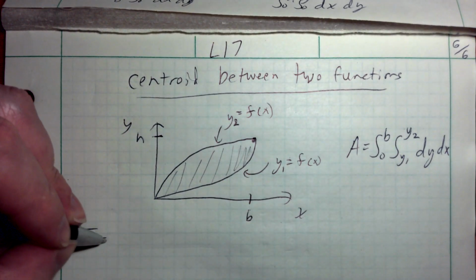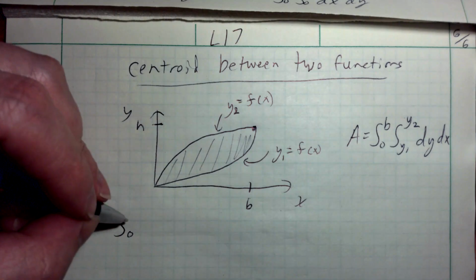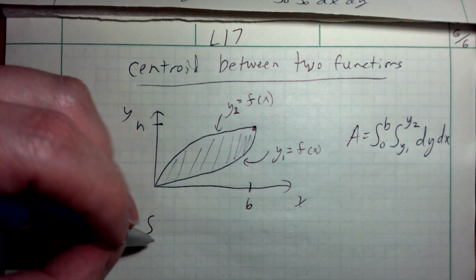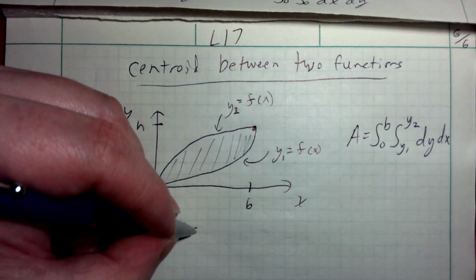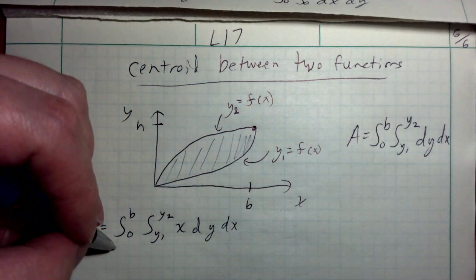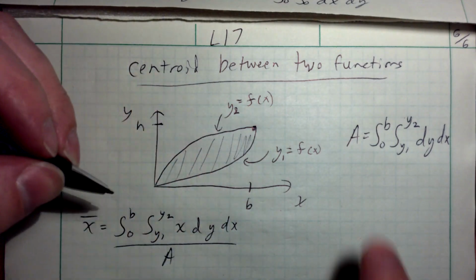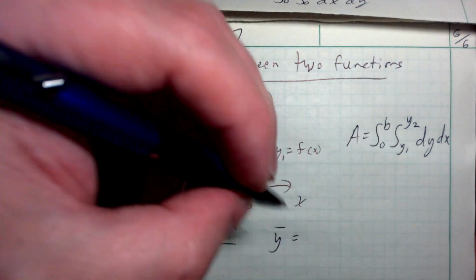So this is how we'd find the area. Our denominator for the expression, x bar, I would find as the integral from 0 to b, and the inside integral is from y1 to y2. I'm going to integrate x with respect to y first, and then integrate that result with respect to x. Divide that by this area, which I find over here. And the same thing for y bar.